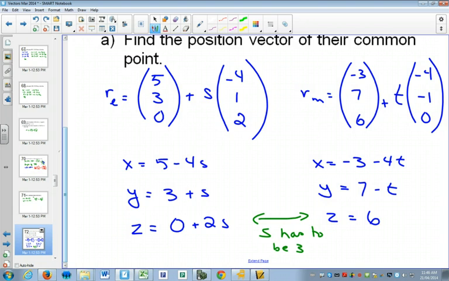Now if s is 3, if we just move up to this one, then y is equal to 6, right? On the equation on the left. But if y is equal to 6, then what does t have to be? t has to be 1.